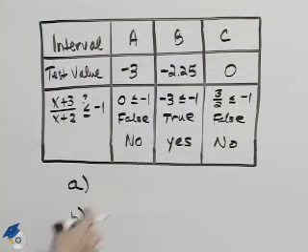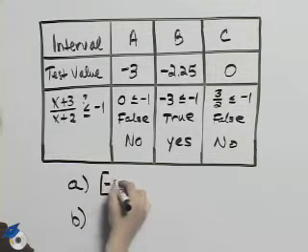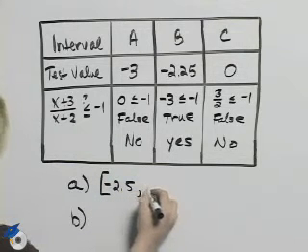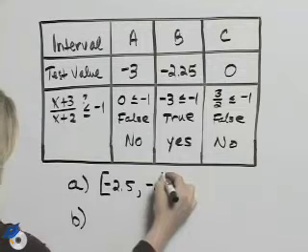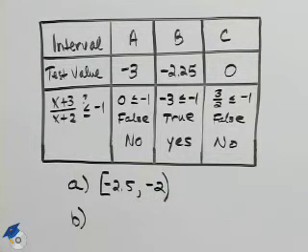So the interval in which our solution lies is interval B. If you remember, interval B included -2.5 up through -2, not including -2. So part A of this question asks us to give the solution in interval notation. That notation would look like [-2.5, -2), with a parenthesis on the right to indicate that -2 is not part of the solution.